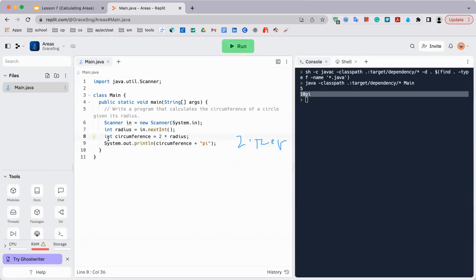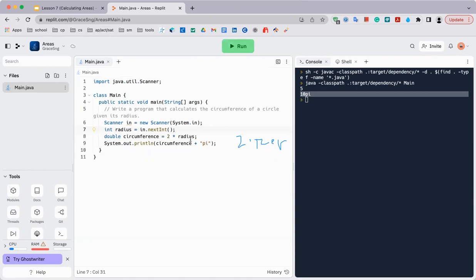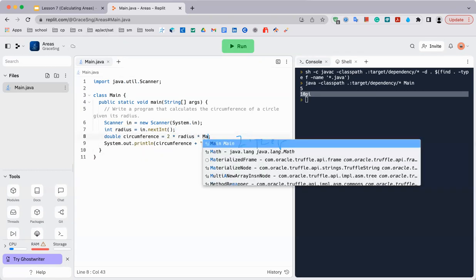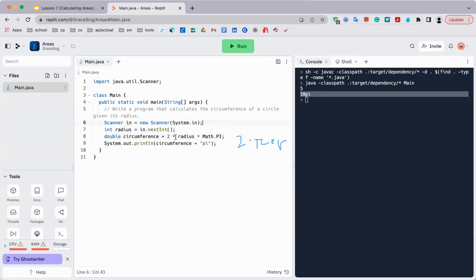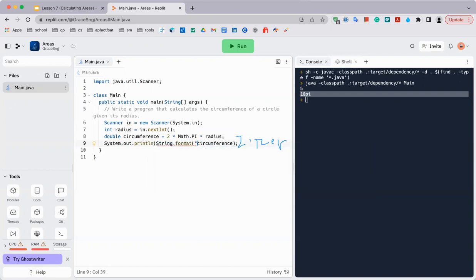So now let's try the other way where we calculate the exact value, the decimal value. So my circumference is going to be a double now. And here I'm going to use math.pi again. So this is 2 pi r. And then when I print out my circumference, I can format that string so that I have 2 decimal places and it's easier to read.